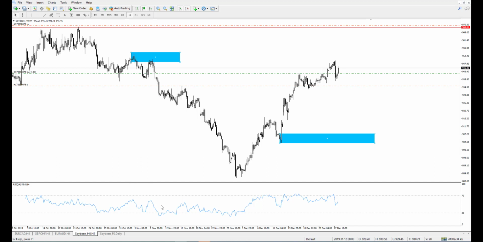Don't use it anywhere on the chart, or don't even look at the divergence first. The first thing you look at is your price. Look at where price is and look at the level you are looking to trade. Once price gets to the level, then go to your RSI and look for the divergence. If you are going to use MACD, same thing applies. First, look at the price.